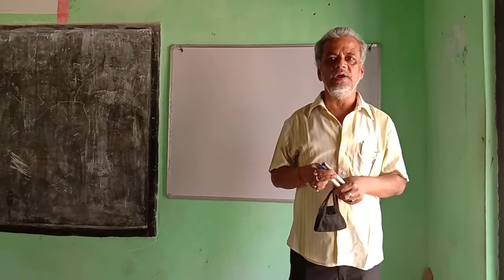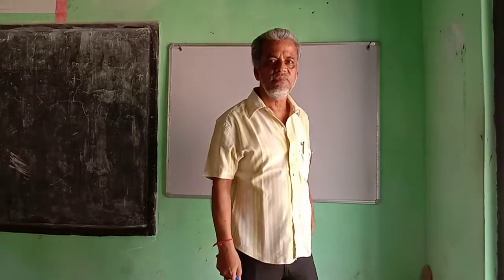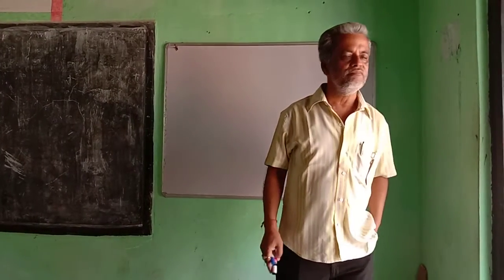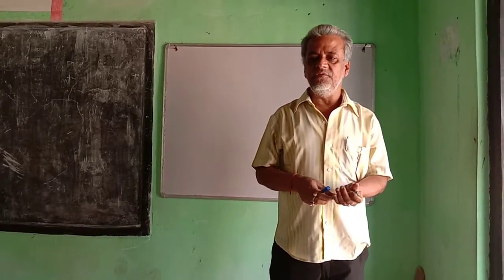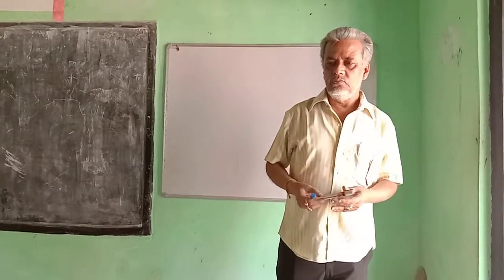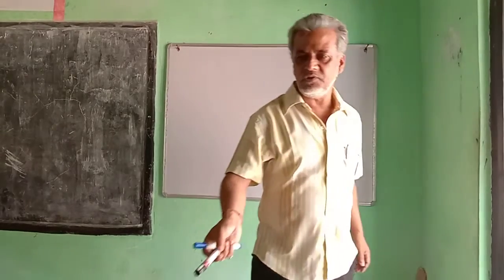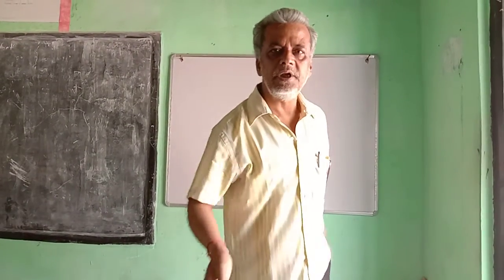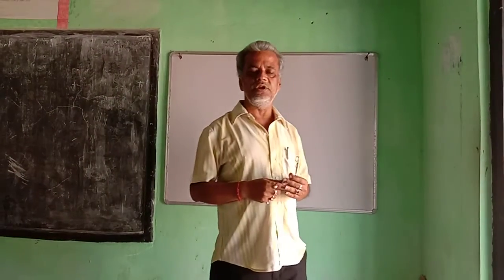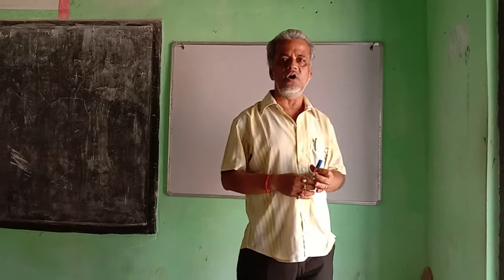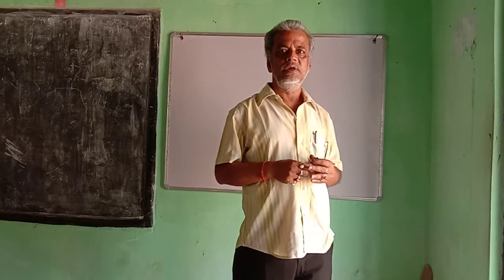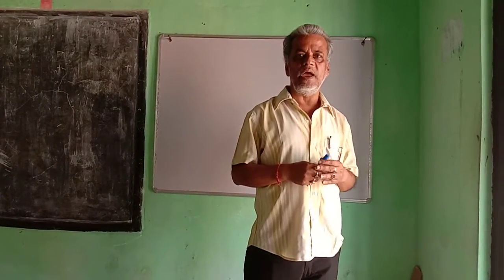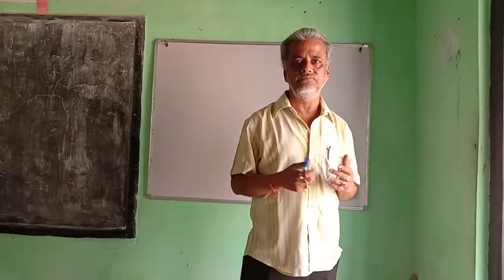Now, since we are missing classes due to COVID-19, I am today giving you some lessons on quadratic equations, regarding the solution of quadratic equations by the method of completing the square as well as by the application of the quadratic formula.